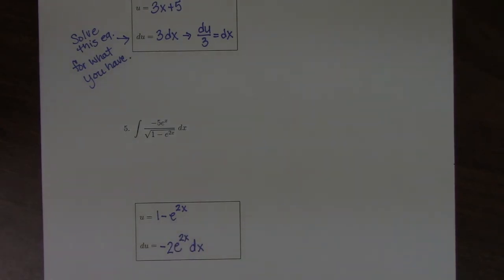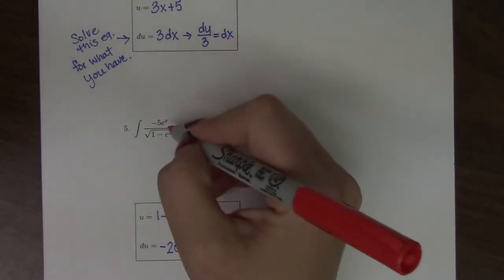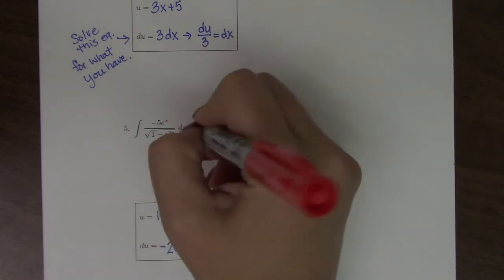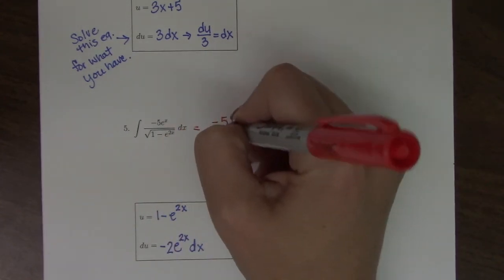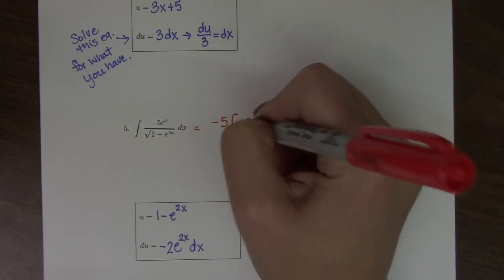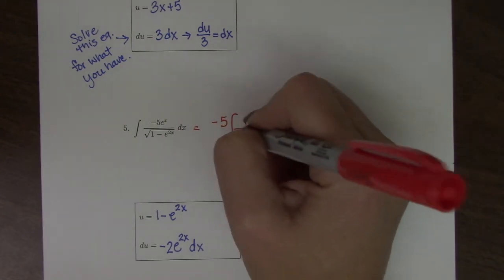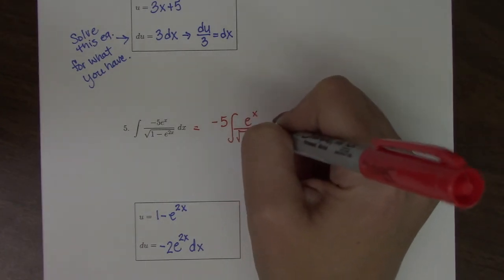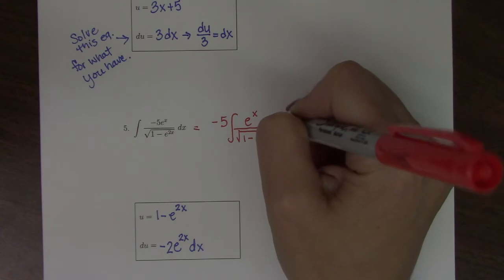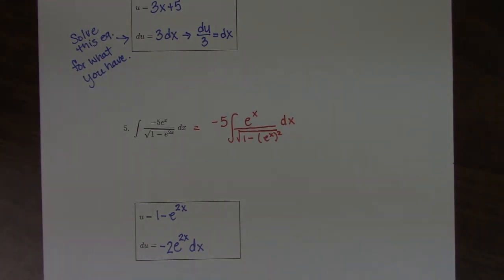So let's try another u, because this one didn't quite get it done. So if I look at this, this sort of looks like a derivative I've seen before. What if I write this as, pull the negative 5 out front, and what if I write this like this? e to the 2x is the same thing as saying e to the x squared.